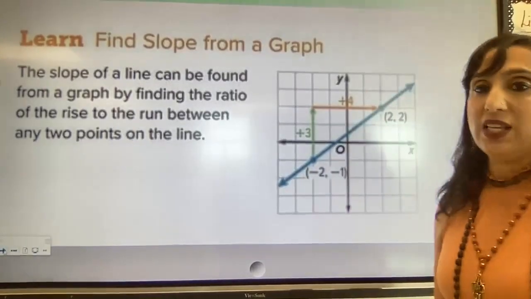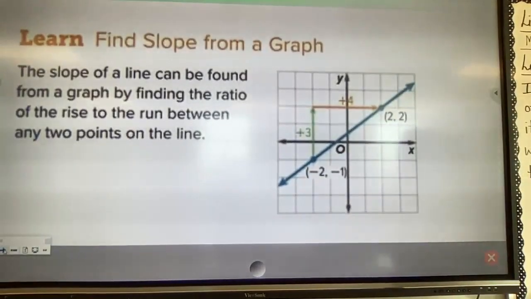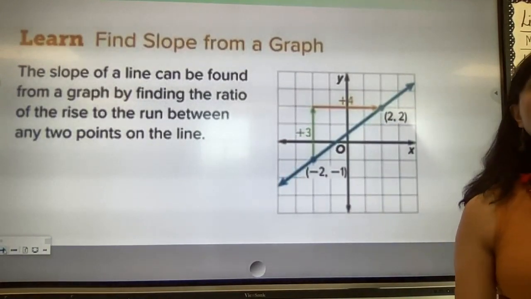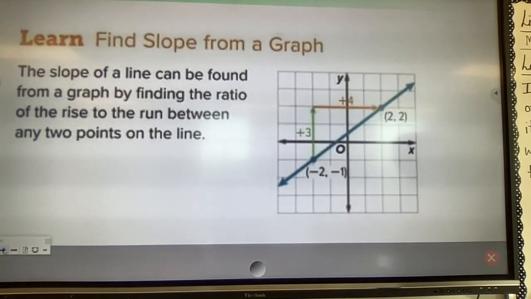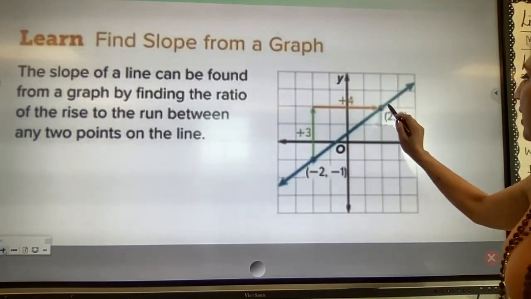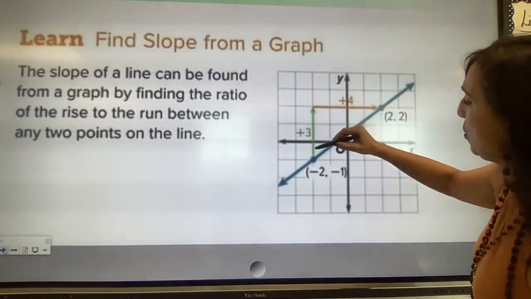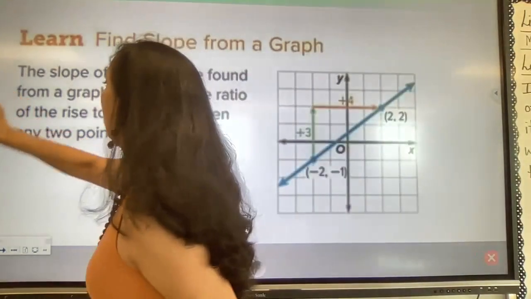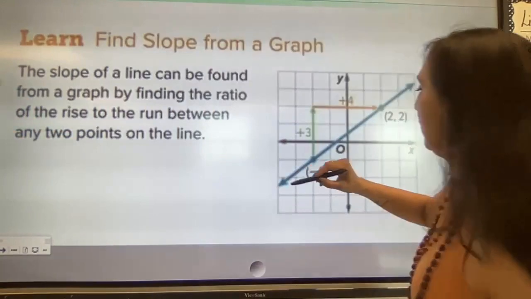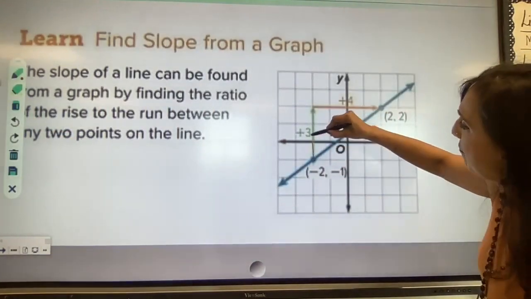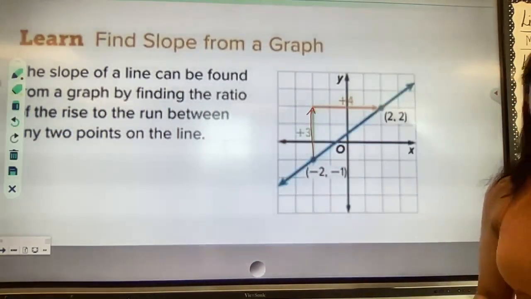So let's look at this. We had already said that rise is the vertical change, right? So the vertical change over here is between this point and this point, and this is my vertical change.